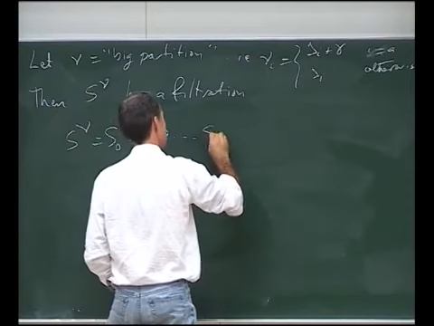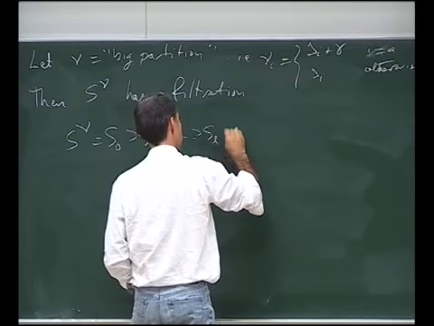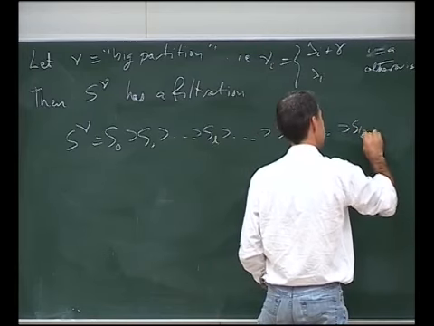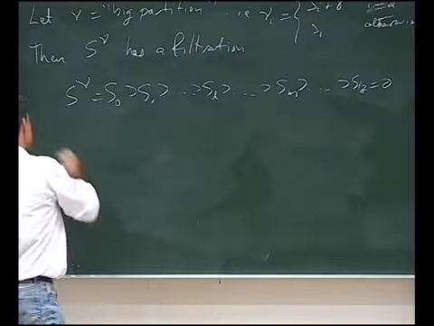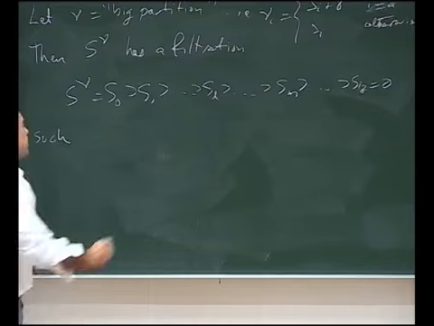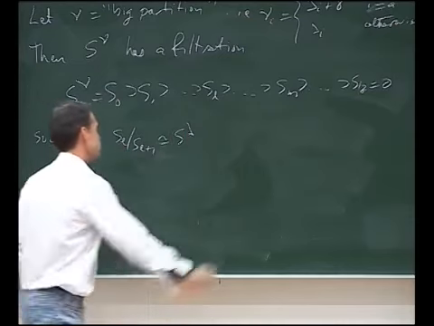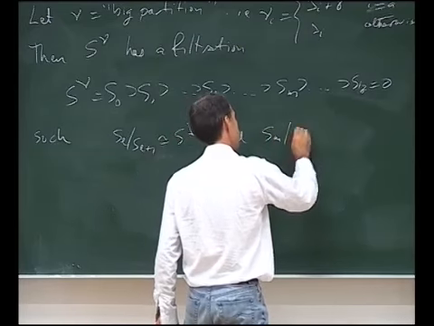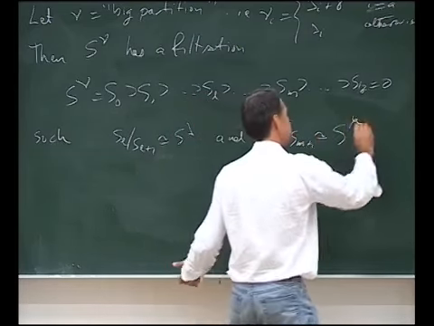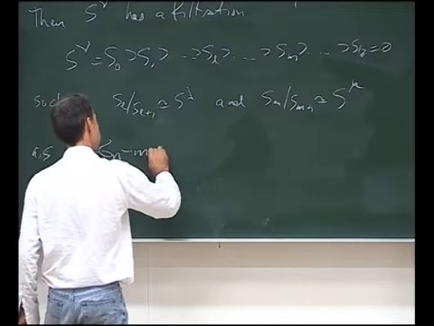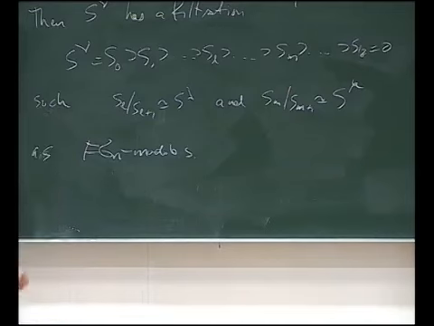So S^nu is going to have a filtration such that, well, each bit here is a Specht module, but let's just say S^L modulo S^(L+1) is isomorphic to S^lambda, and S^M modulo S^(M+1) is isomorphic to S^mu as modules for S_n.